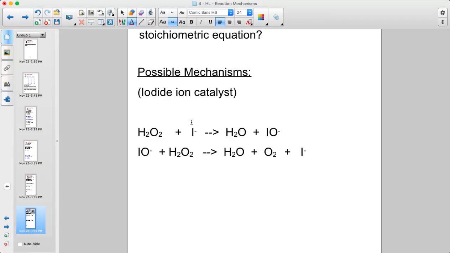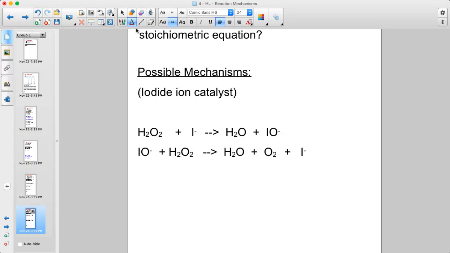How might that happen? Well, if the iodide is involved in the first step and causes the hydrogen peroxide to break apart and create this intermediate, then that intermediate can go on to react with another hydrogen peroxide, producing water, oxygen, and reproducing the I minus.